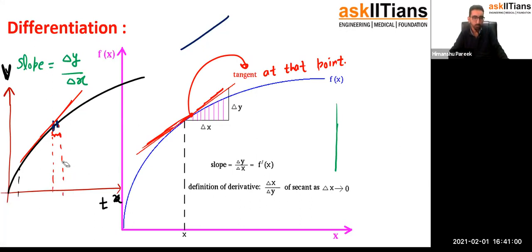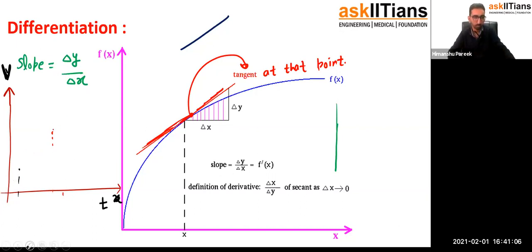Okay, so basically what I'm saying, let me redraw it. This was the curve and I had taken a very small interval. So at this place, some value is t, right? And at this place, some other value will be there, some t plus something, right?